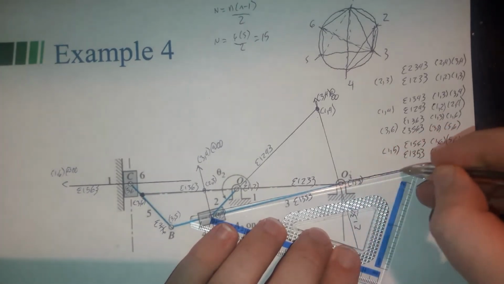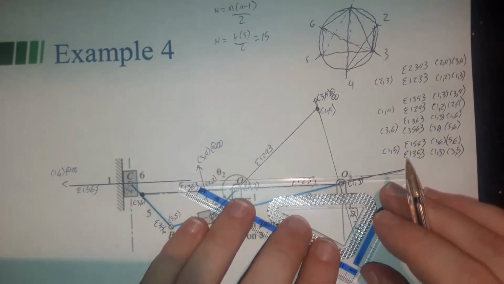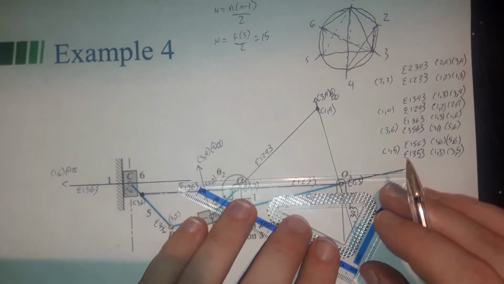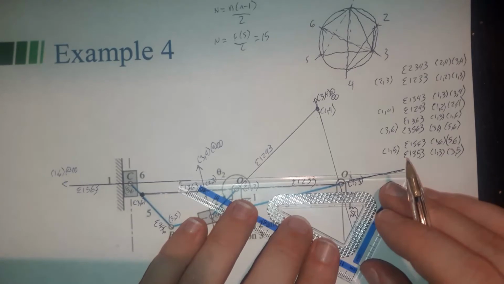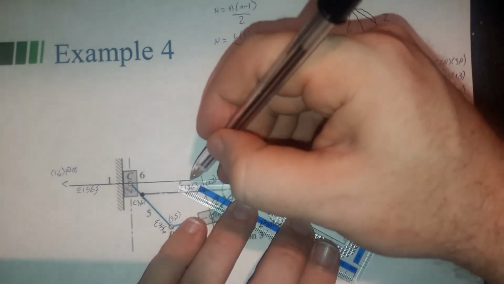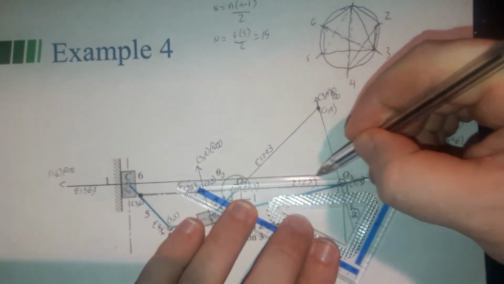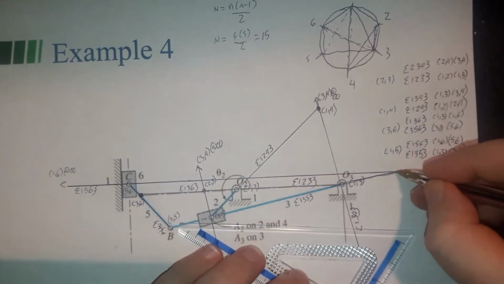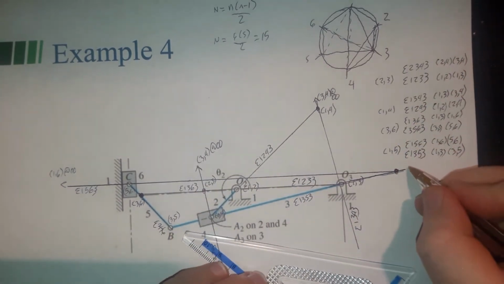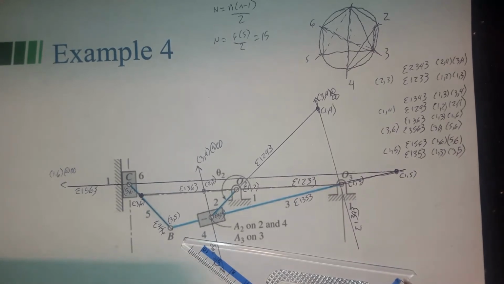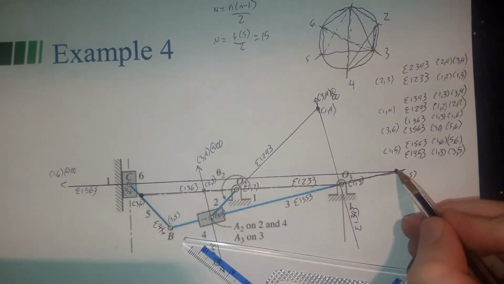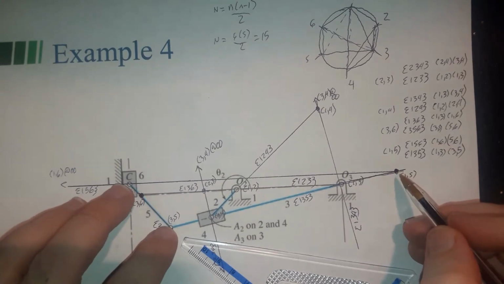Extend that line on out, extend that line very carefully. And I'll get point 1, 5 right there. Well, one of the things that'll tell you is link 5 right here.